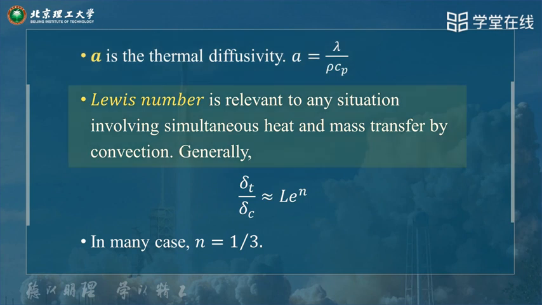The Lewis number is relevant to any situation involving simultaneous heat and mass transfer by convection. Generally, delta T over delta C is about Lewis number to the power n. In many cases, n is 1/3. It's very small. It's not so big.